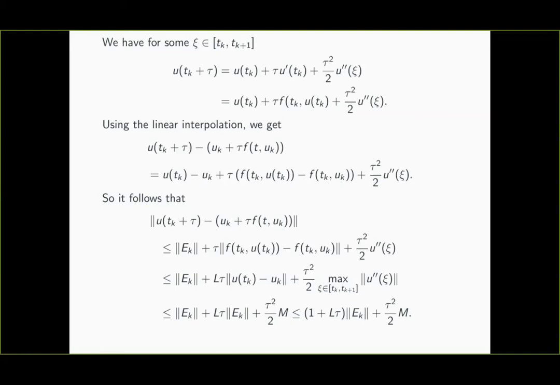The xi is a number between tk and tk plus 1. And again, I can plug in the differential equation. So I get that u prime of tk can be written as f of tk, u of tk.